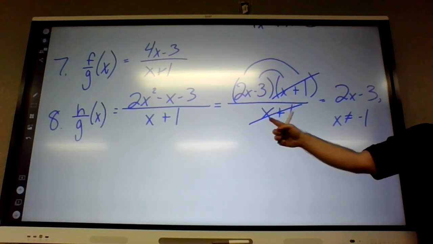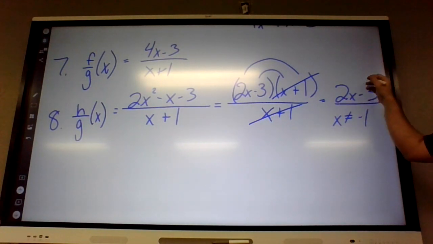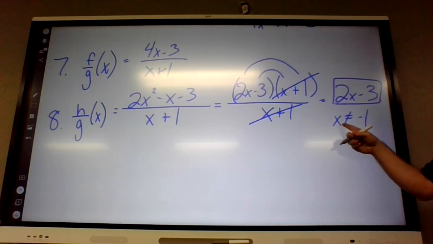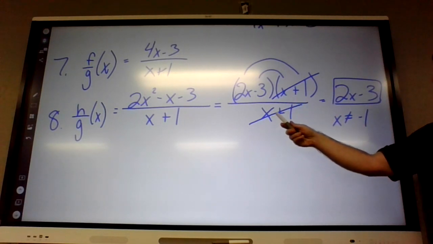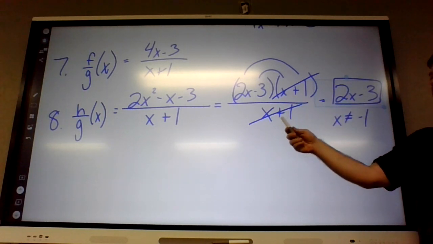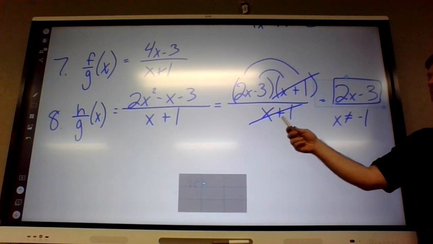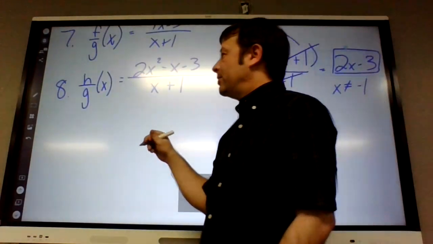You can't divide by 0, remember? So this is the answer, except that negative 1 can't be used for x, because even though we simplified it to just this, on the original, negative 1 would not work. So they put a little qualifier on it.